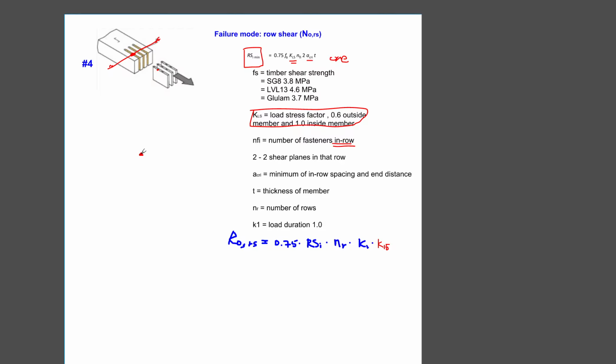For that dowel over here, I've got a stress coming on my left hand side, and also stress coming on my right hand side, because I'm trying to shear this off. There's timber fiber around this dowel. The timber fiber is trying to stop the dowel pulling through, causing stresses at both sides of the dowel.